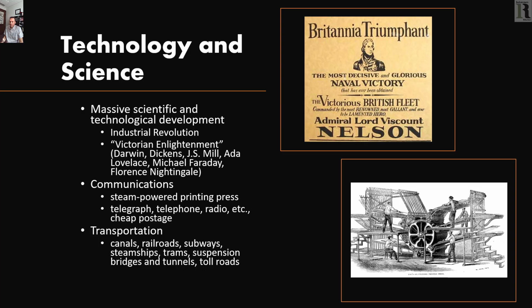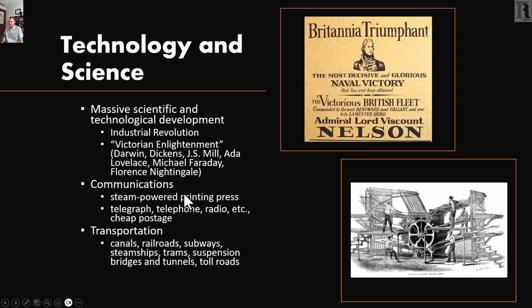An efflorescence of culture and learning that included the works of Charles Dickens, Darwin, John Stuart Mill, Ada Lovelace, who was one of the inventors along with Charles Babbage of computer programming and digital computing, Michael Faraday, who made incredibly important progress in discovering the properties of electricity, which made electrification possible, and Florence Nightingale, who invented, in a lot of ways, the modern discipline of nursing.